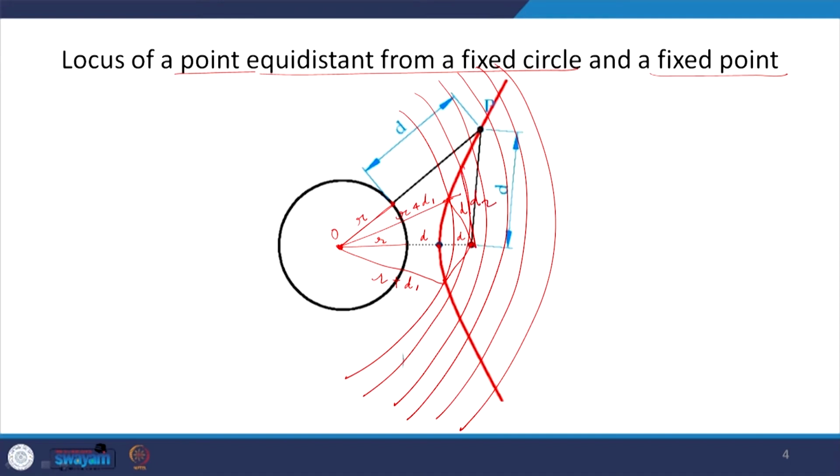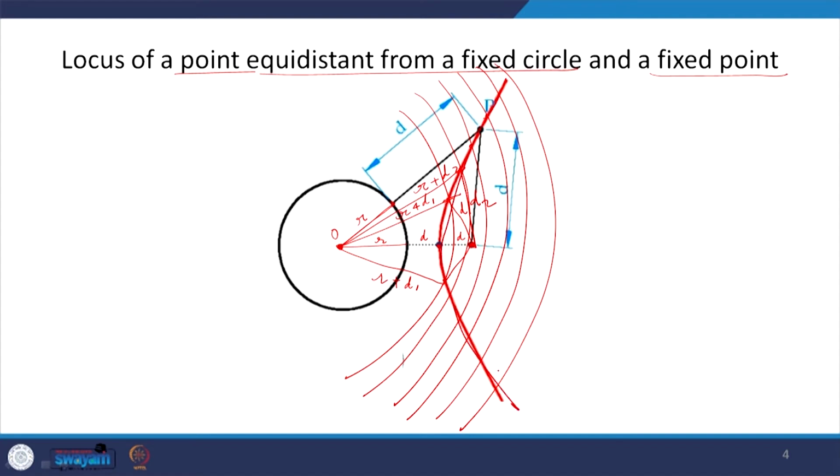So, this is d2. The distance from the center will be r plus d2, and I keep getting these points at a distance of dn plus r from the center, where r is constant, fixed, the radius of the circle, and from this point it will only be this distance dn, the nth distance. We could vary, and in this manner we will get this curve.